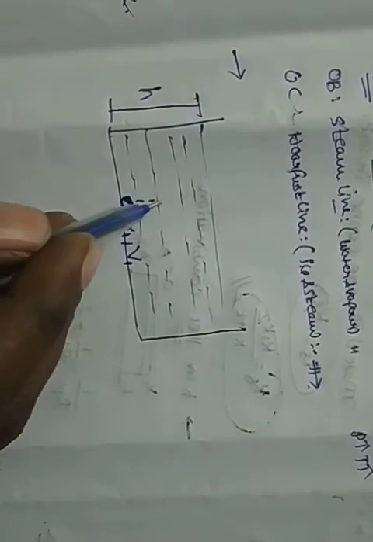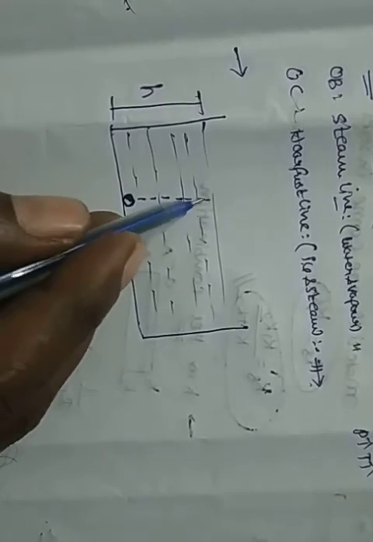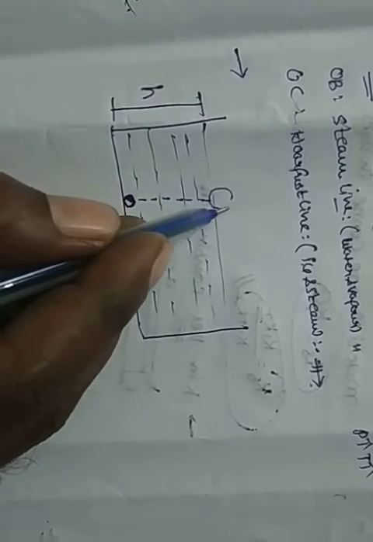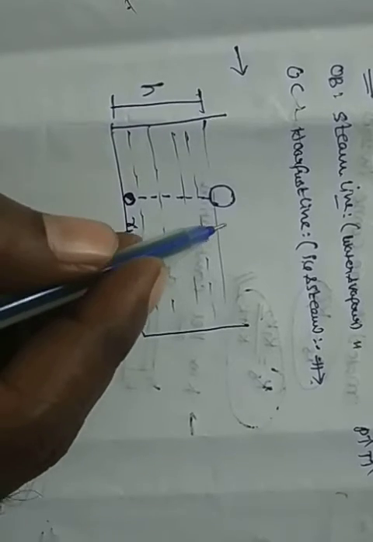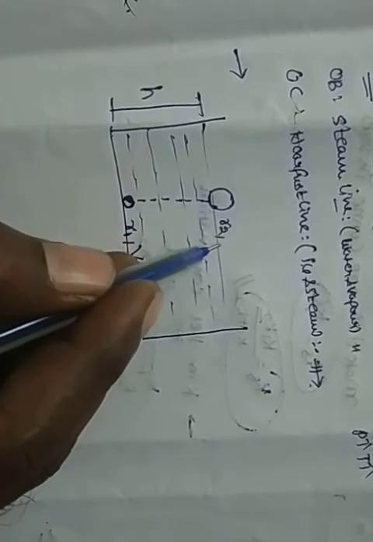Now this air bubble came to the top and its radius changed to R2 or volume changed to V2. Then find the value of h.